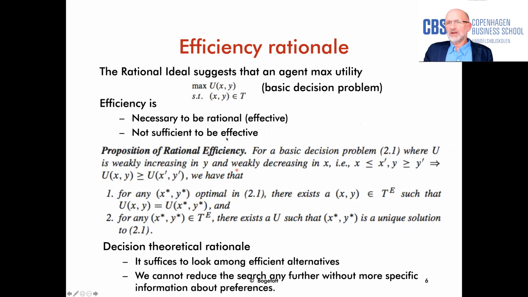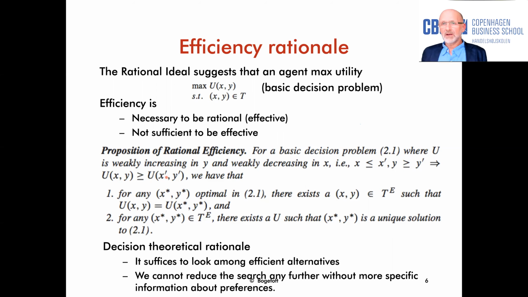It says that if you have a decision problem like up here, where you want to maximize utility, and where you assume that your utility is sort of natural in the sense that it is increasing in the outputs and decreasing in the inputs, which is weakly increasing, which means this condition here, then for any solution to the decision problem, we can find another solution, possibly another solution, that is efficient and that gives at least the same utility.